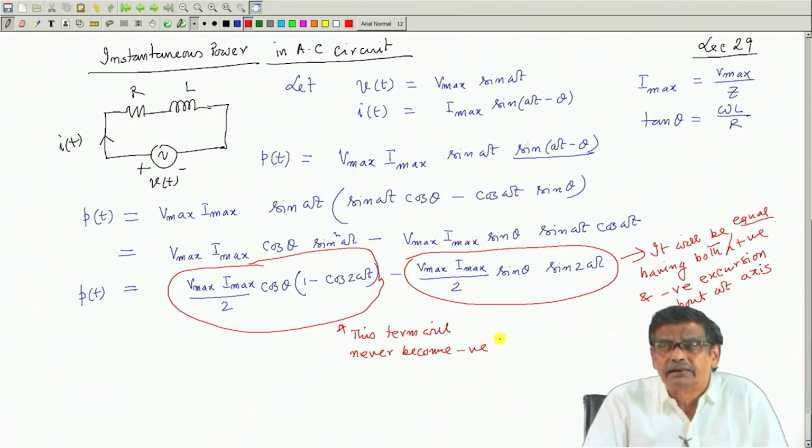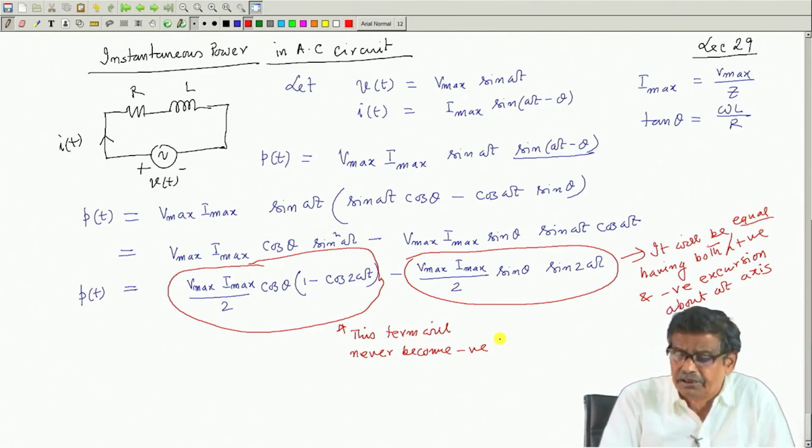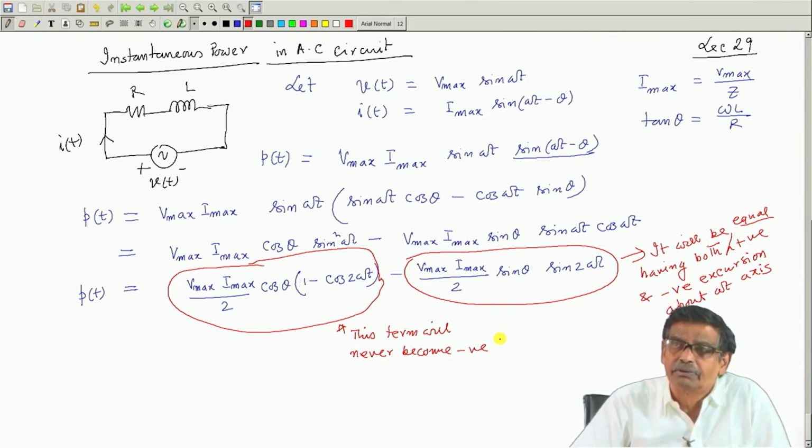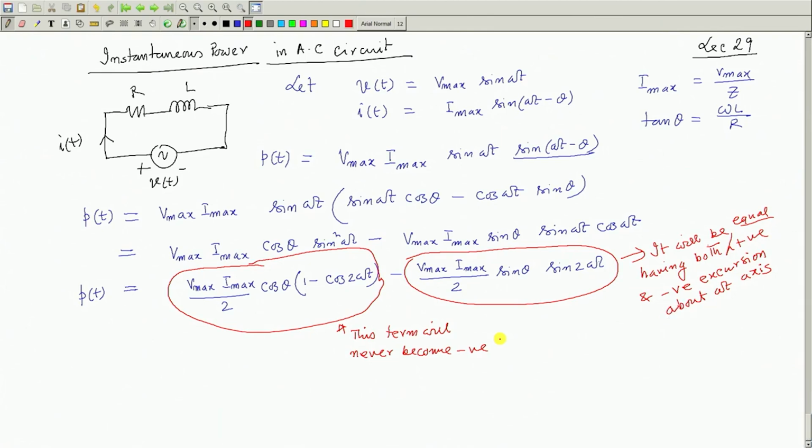Choose any value of omega t, you put, it will be always positive or at best it can be 0, but it will never become negative.